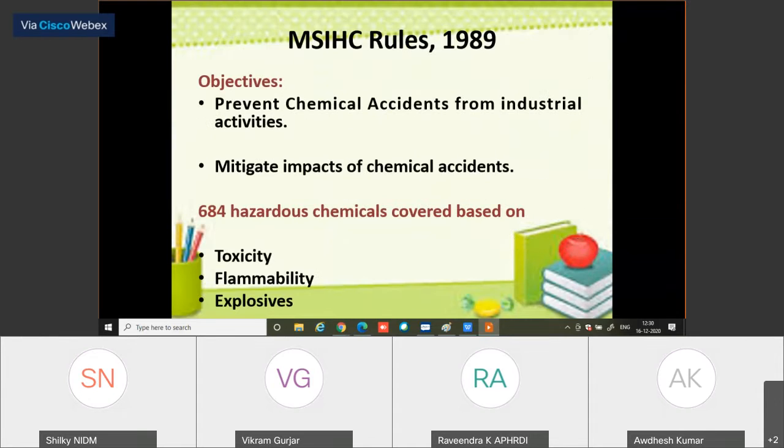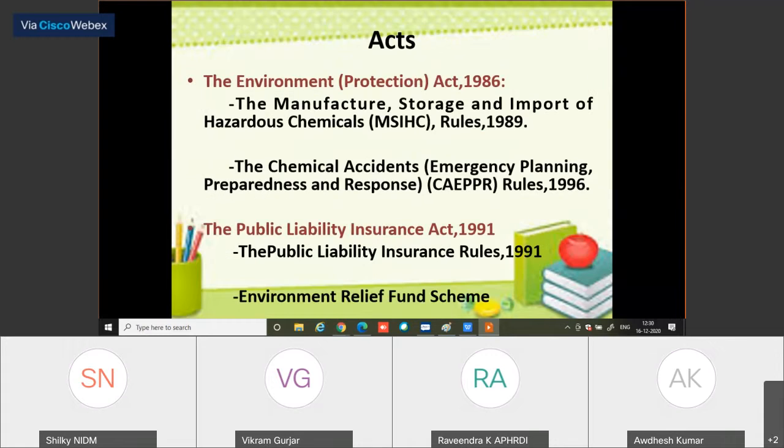And without taking much of your time, I would like to request all the participants to please go through the training manuals of NIDM, which have been developed on IRS.